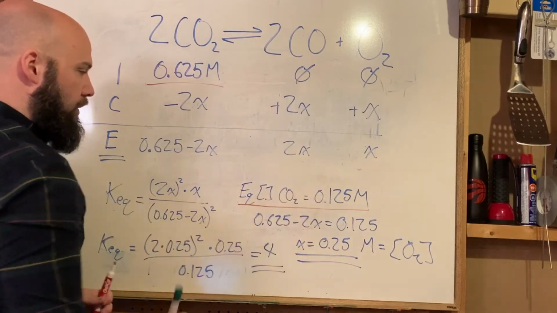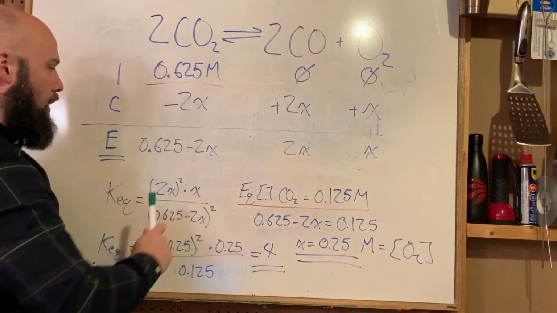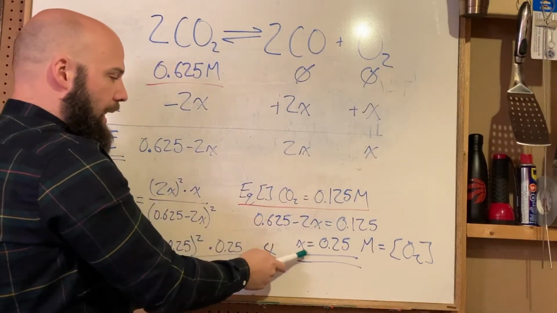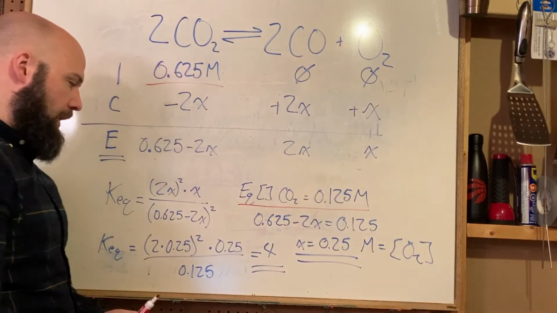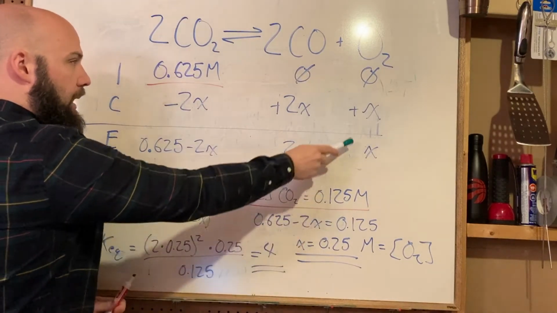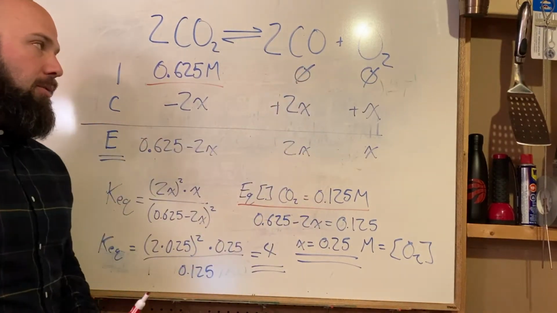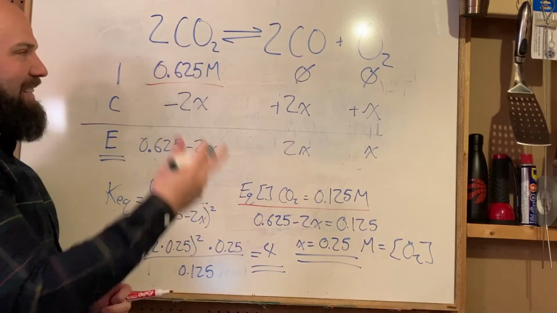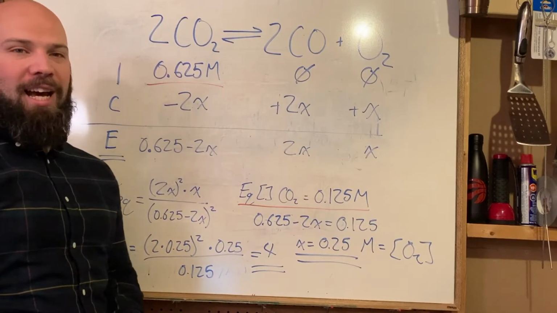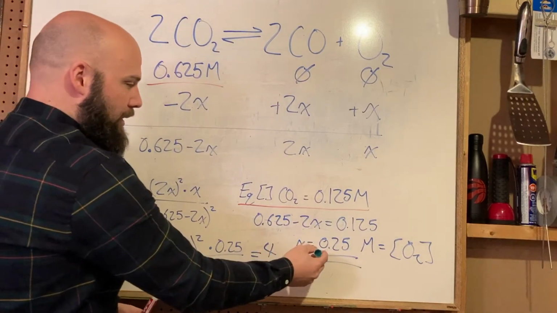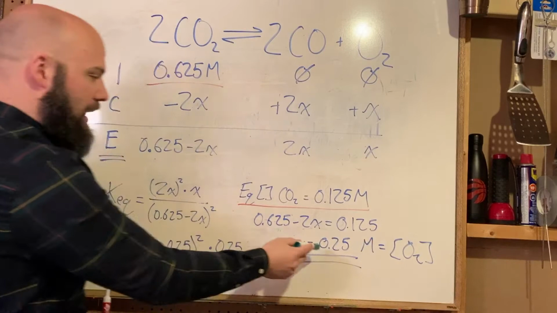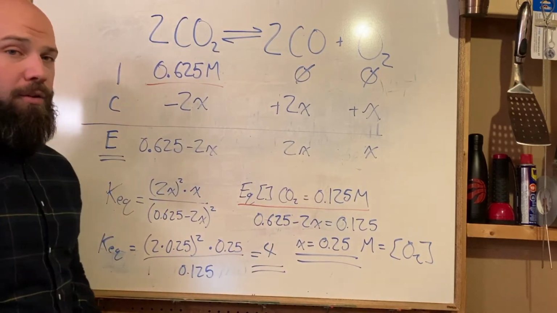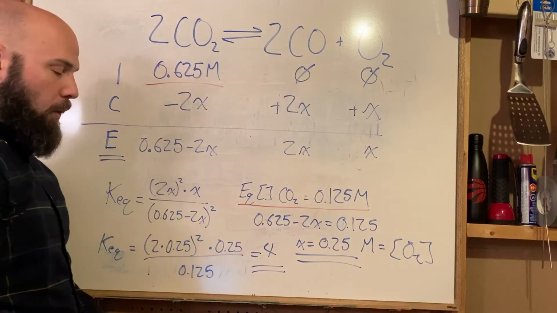Solving for x using the expression for the equilibrium concentration of carbon dioxide, we get that x is 0.25 moles per liter, and then because the x value is exactly the same as the concentration of oxygen gas at equilibrium, we know that 0.25 moles per liter is the oxygen gas, and we can plug that value in for x and solve, and we get our KEQ for this expression is 4.